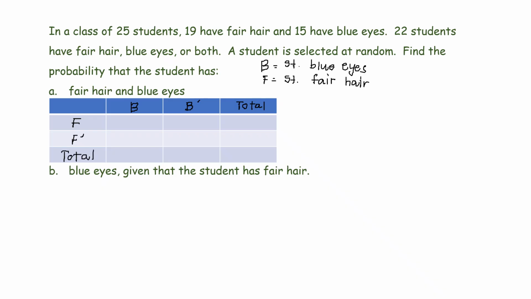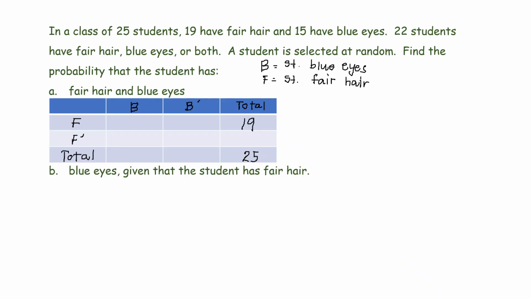Now, let's use these numbers. In a class of 25 students, meaning the grand total is normally seen here. And 19 have fair hair and 15 have blue eyes. In this class, 19 have fair hair, so out of 25, we have 19 students with fair hair.